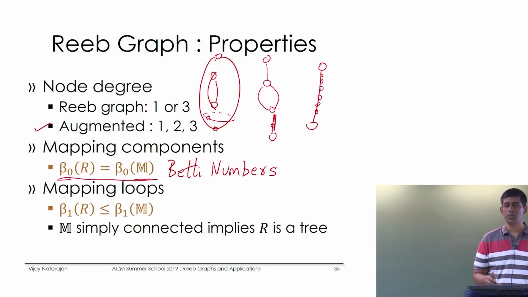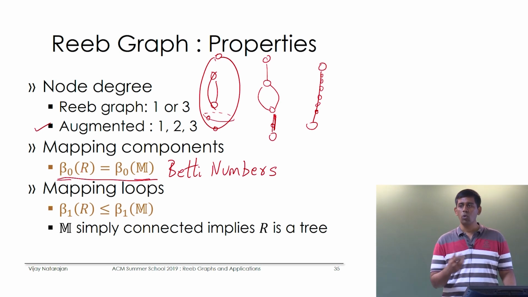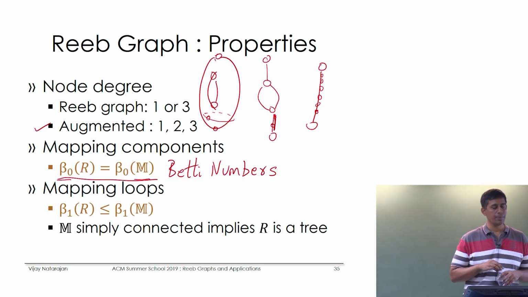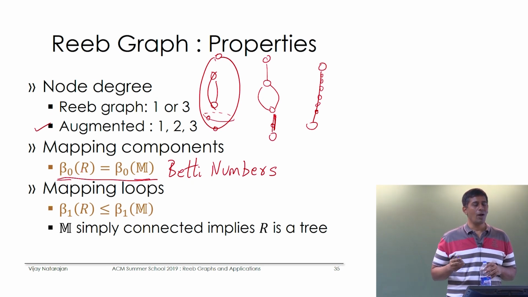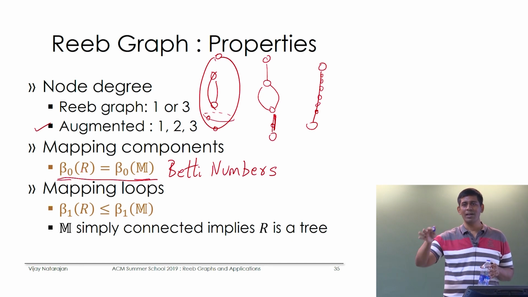But how about loops? How many cycles or loops can the Reeb graph have? This is an interesting question which is not so trivial to answer. There were questions about how the Reeb graph will be if I tilt the torus and use a different function.